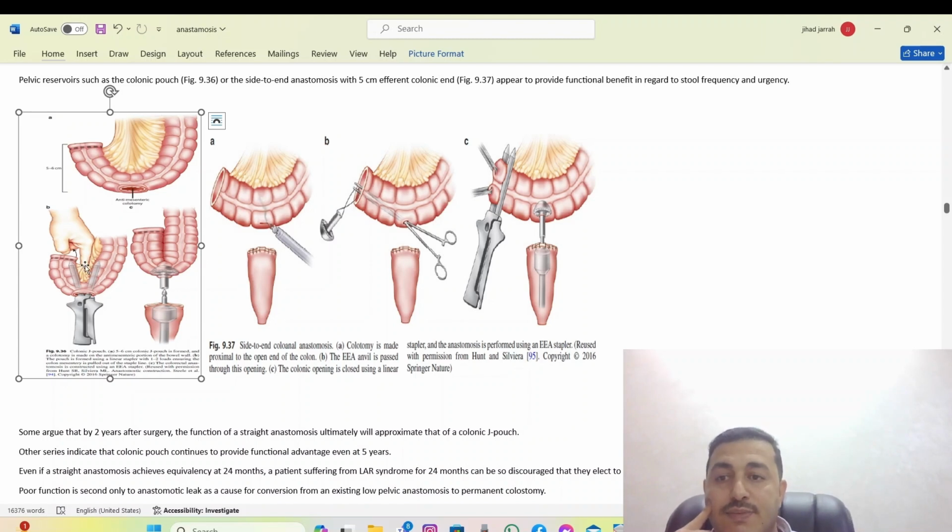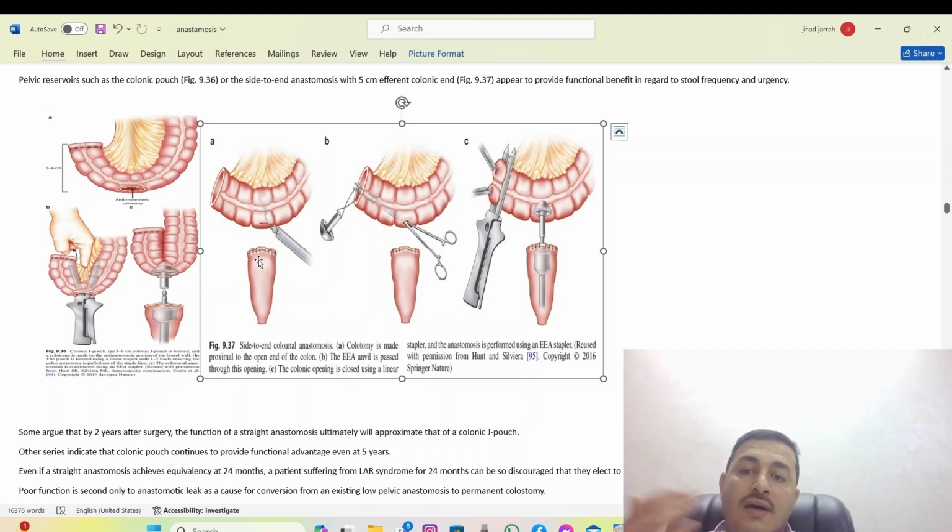Okay, in this picture they show you how we should remove the mesentery when we create a common channel between the proximal and distal limb of the proximal part. And here is the distal part where we remove; this is the J pouch. Another technique is a side to end anastomosis without creating a pouch.